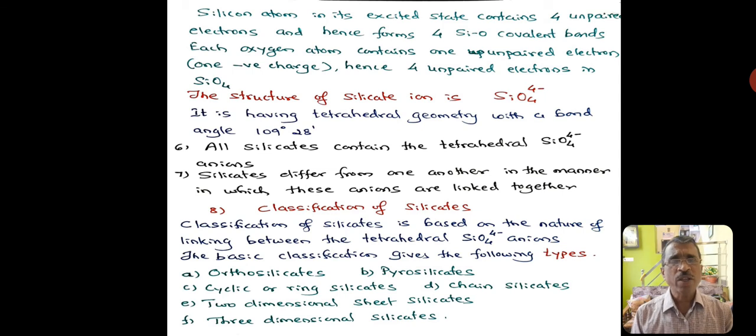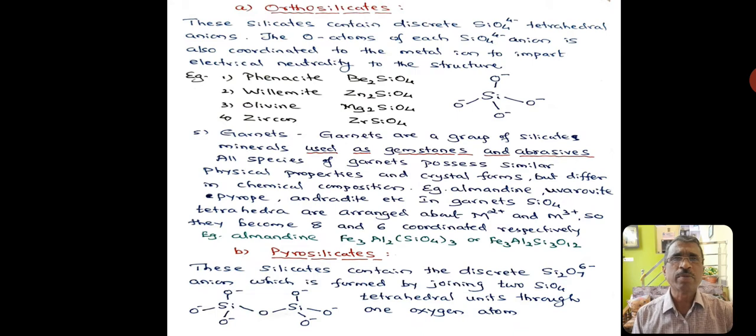In case of cyclic or ring silicates and the chain silicates, 2 of the oxygens of silicate ions are used. In case of two-dimensional sheet silicates, 3 oxygen atoms are used, and in three-dimensional silicates, all the 4 oxygen atoms of the silicates are used. Now let us discuss these types one by one.